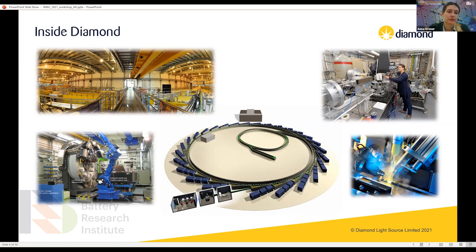For example, here is the high resolution powder diffraction beamline, where there is a massive high resolution diffractometer and a robot which transfers the samples from the carousel into the diffractometer. Or there is one of the spectroscopy beamlines, where we set up the reaction cell, and there is no such massive instrumentation present. That's quite important: each of the facilities we have is quite unique in the instrumentation and also the techniques available to use.